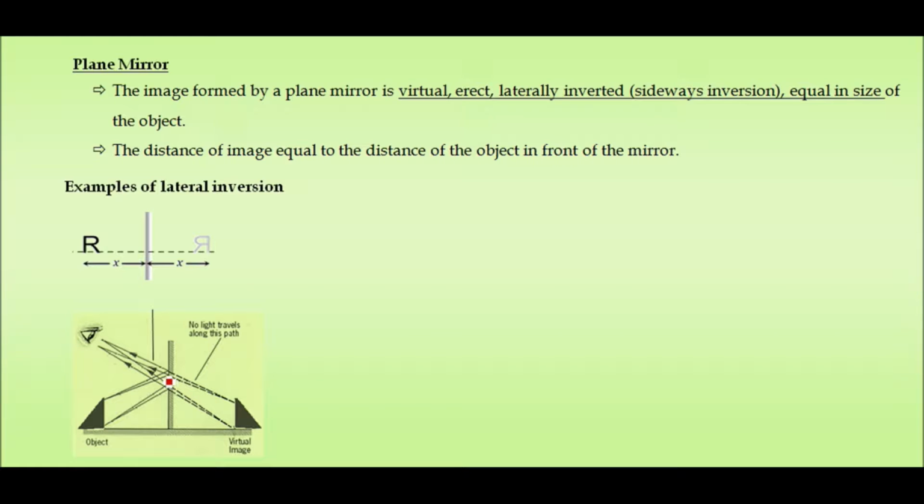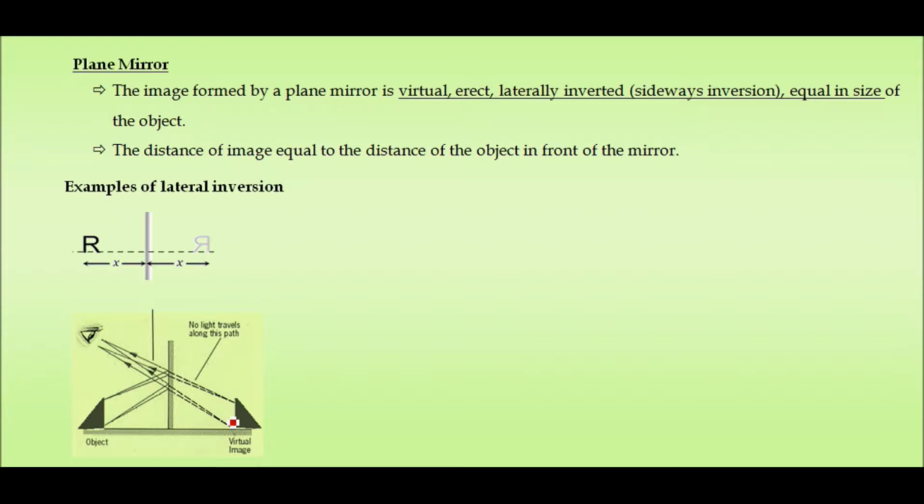As if you see that the light ray actually does not meet at this point. The light ray reflects from this plane mirror and hits the eye. So in turns it seems that the light ray is coming from this image.